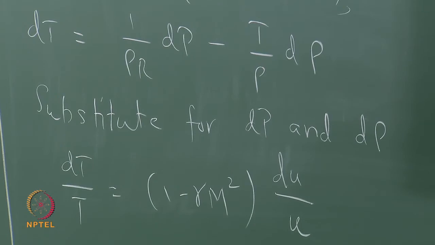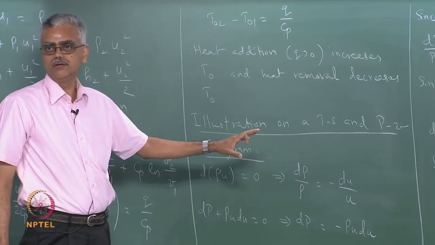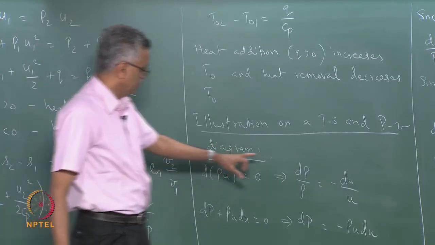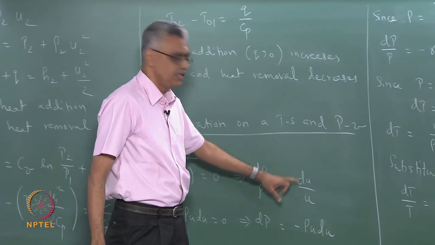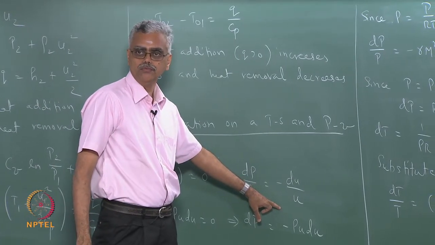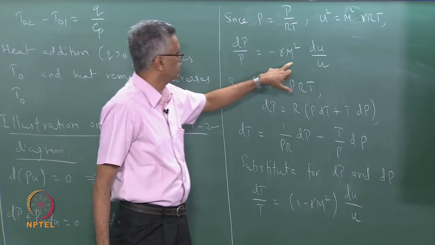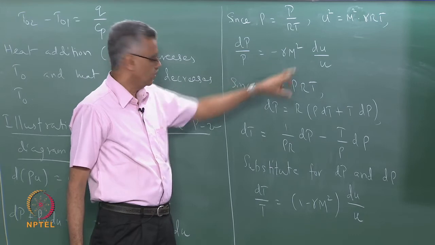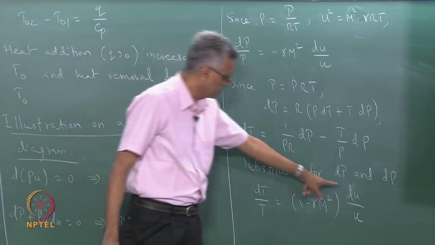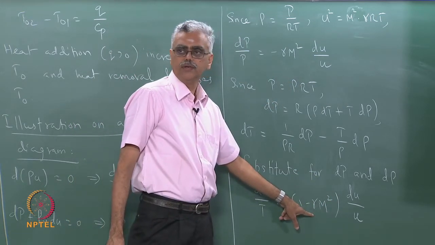By now you must see the pattern in which we are developing the equation. Notice that we wrote d rho over rho in terms of du over u. We wrote dP over P in terms of du over u involving only the Mach number. Now we have written dT over T also in terms of du over u involving only the Mach number.